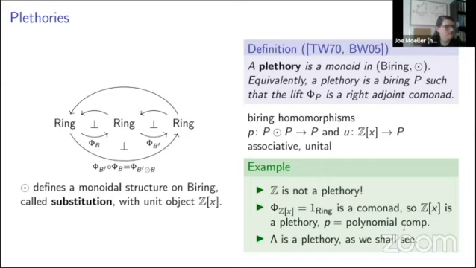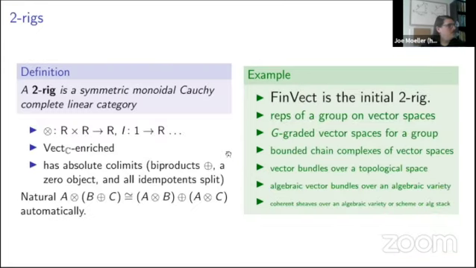So just composing polynomials like you do in elementary algebra is giving you the plethism structure on this ring. Lambda, the representation ring of the symmetric groups, is also going to be a plethory, but I haven't told you much about that, so I'm just telling you that we will see eventually that it is also a plethory.